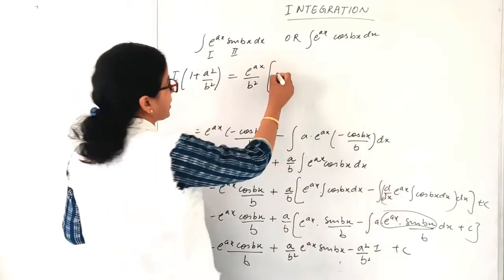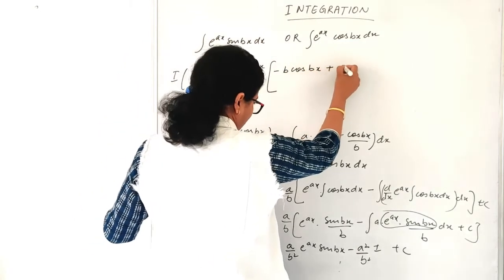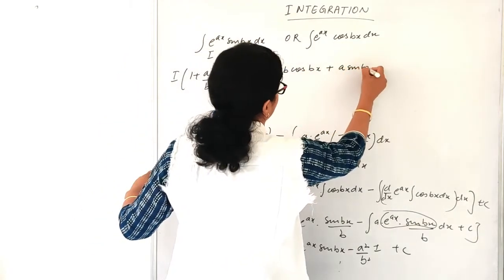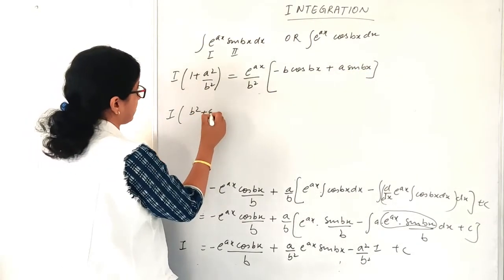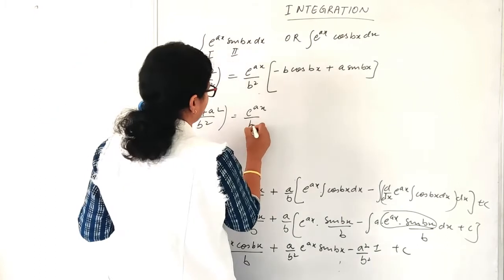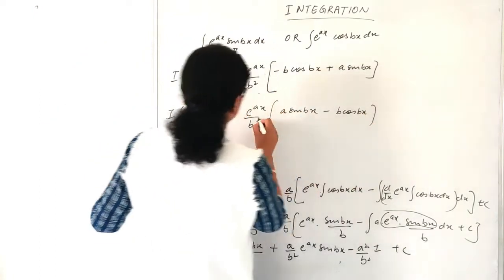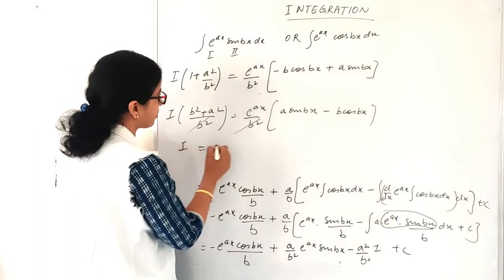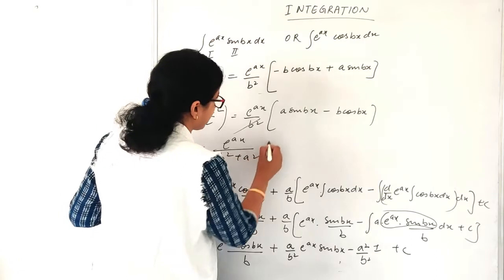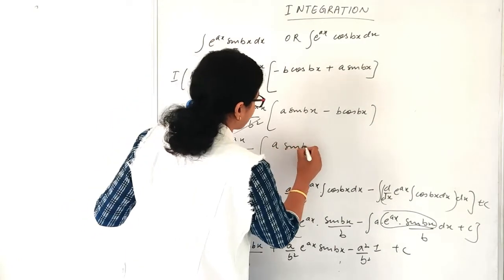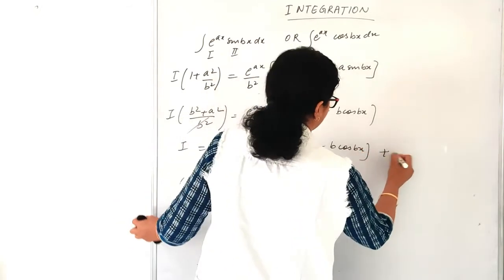So here it will become minus b cos bx plus a sin bx. Okay, take the LCM, solve this part. Cancel this part. So I is equal to e^(ax) upon a square plus b square, a sin bx minus b cos bx plus c.